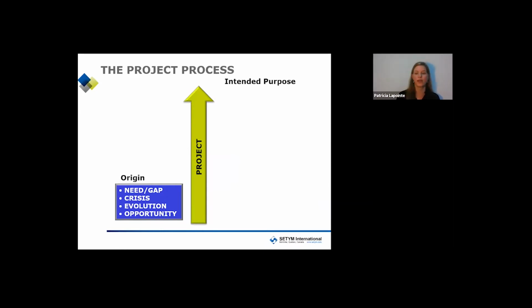The World Bank or the African Development Bank decided to give loans for climate change. So maybe it was not your priority in the first place, but they say, wait a minute, there's potential funding that we could take advantage of, and we decide to take the opportunity. So every project starts with a different origin, and it can be from a need, a crisis, to an opportunity.